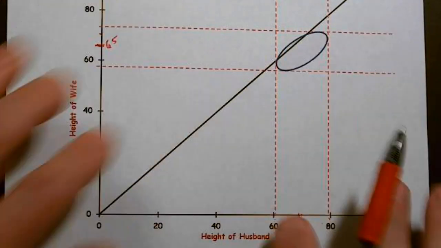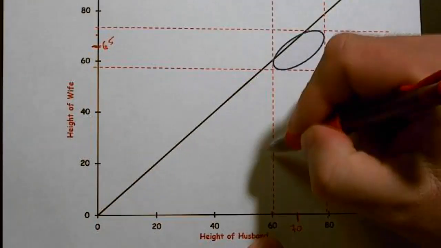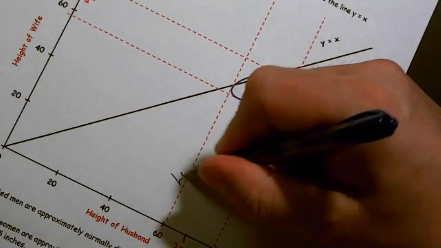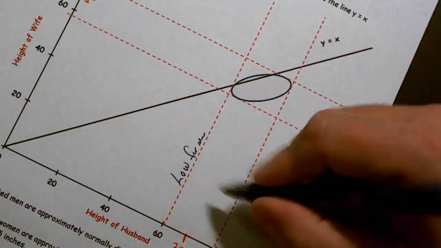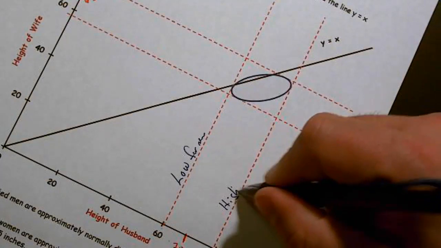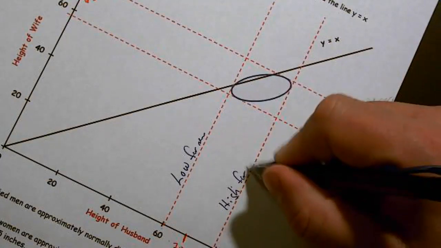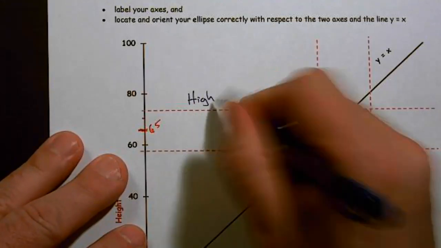So these dashed lines, this represented the low for men. That's 3 standard deviations below. This would be the high for men. And this would be the tall women.